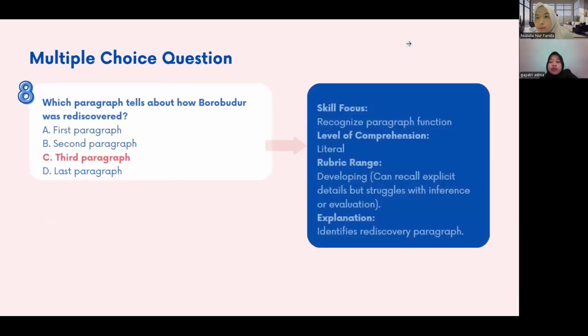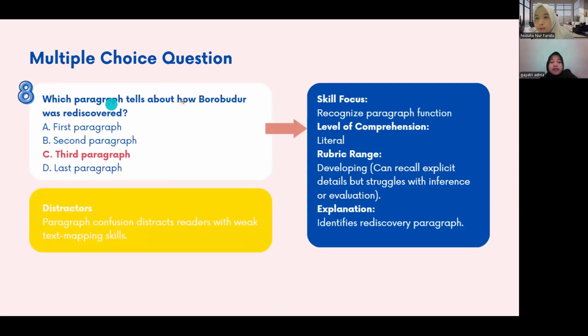And then the next question is, which paragraph tells about how Borobudur was rediscovered? From the question, we know that the skill focus requires the students to recognize paragraph function, and it can assess the students' literal comprehension.